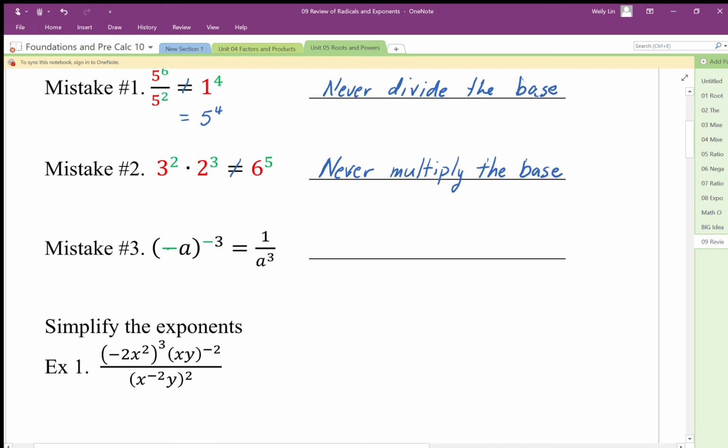Here we have the negative number and negative power. Well, these two negatives actually mean totally different things. Okay, so the negative power is definitely to divide, but this negative base does not have anything to do with division.